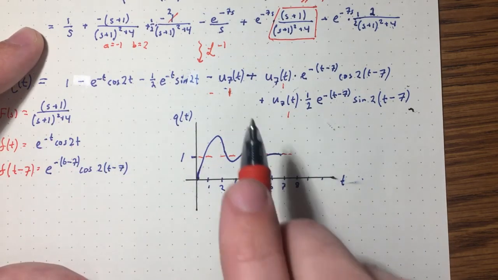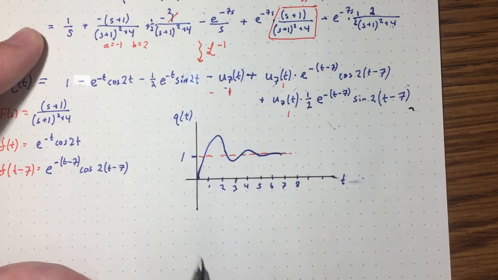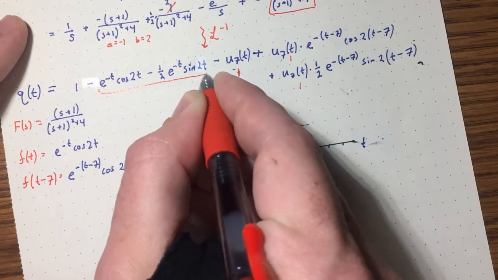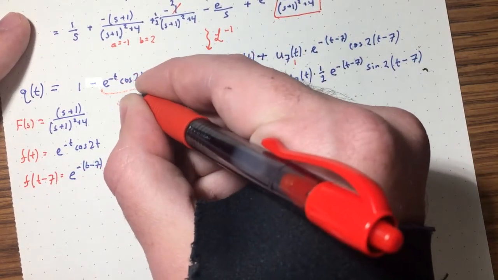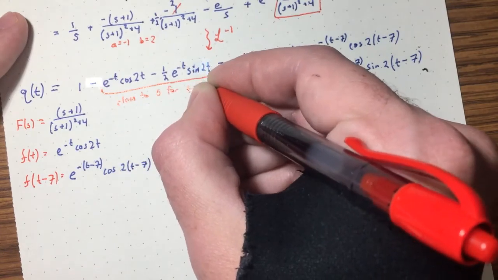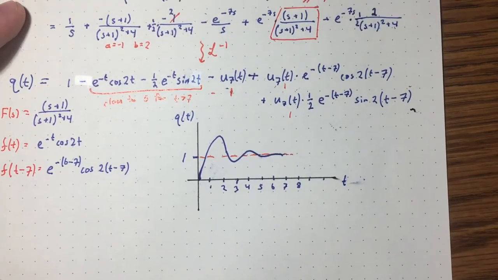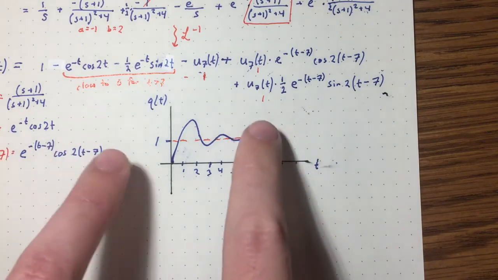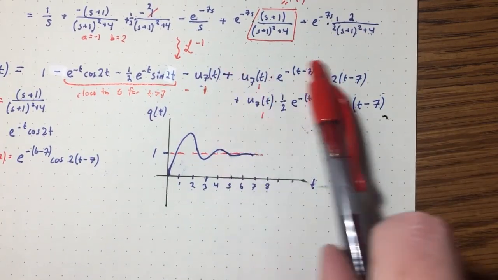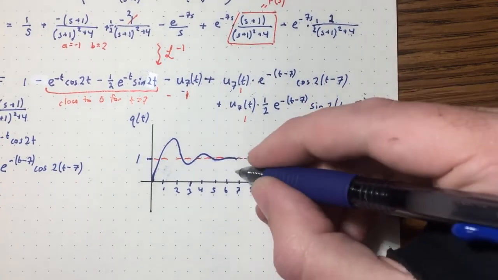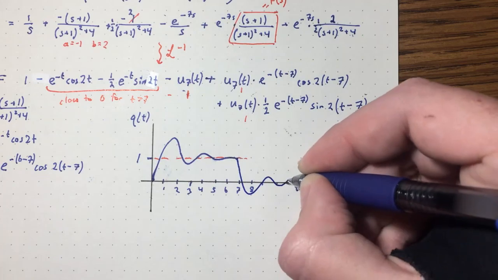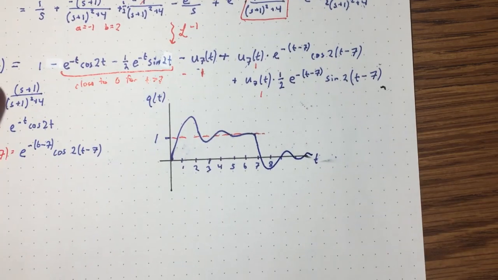So these start with a negative. These start with a positive. This is still going on, but this is close to 0 for t at least 7. Either negative 7 is very small. And so basically, it's just going to look like this piece, these last two terms, which are decaying oscillations, and they'll decay to 0, actually. So something like that. Okay.